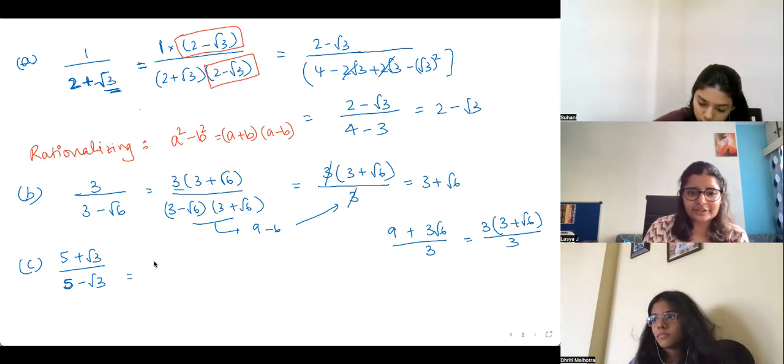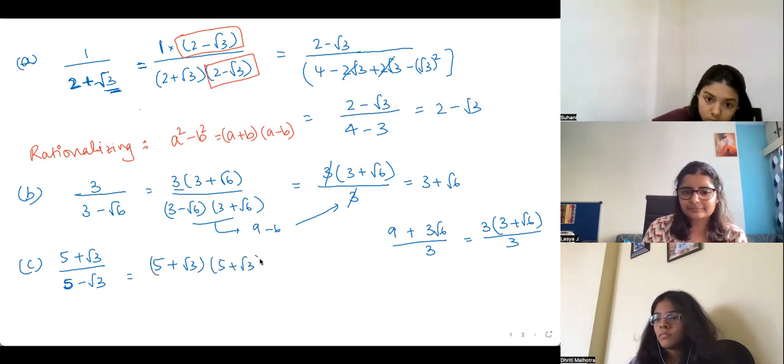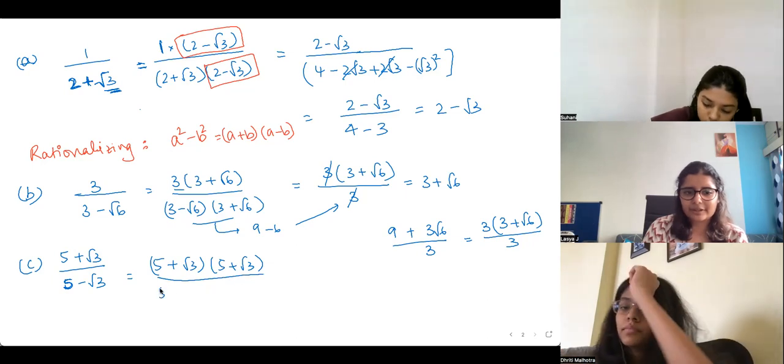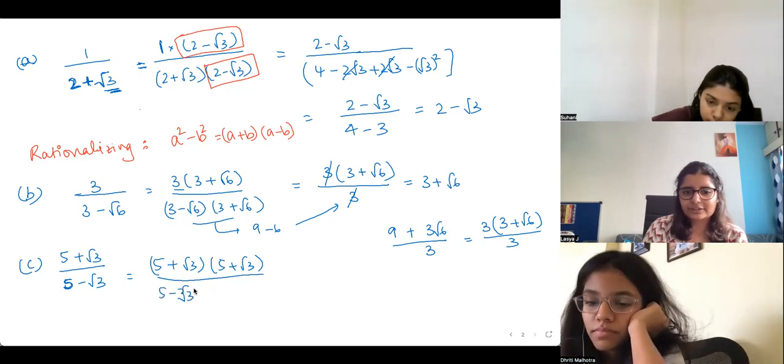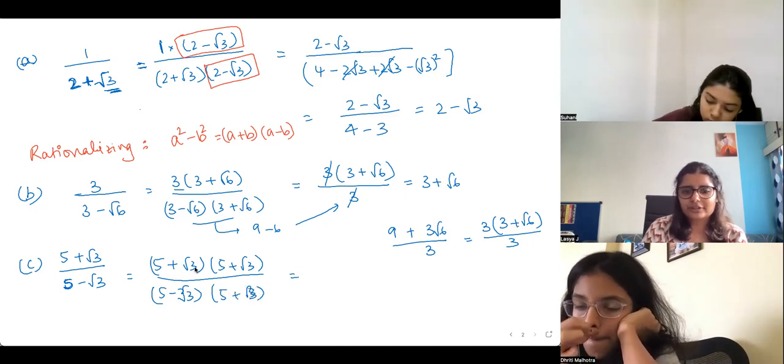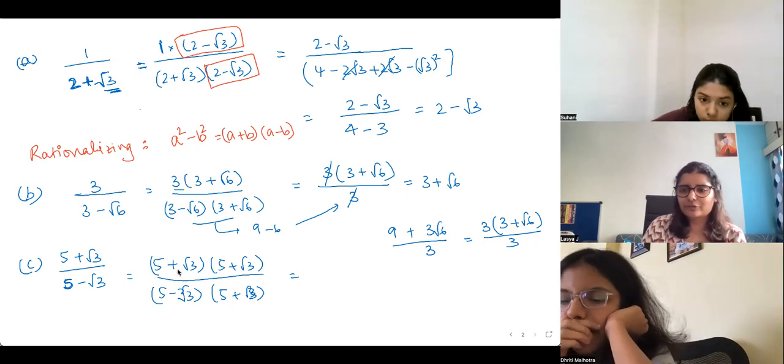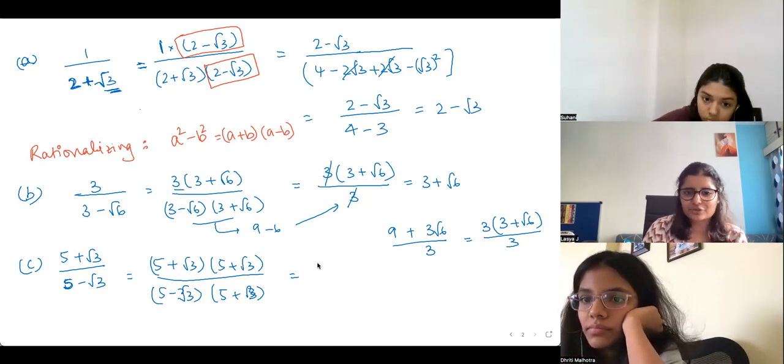So this started off well, it will be 5 plus root 3 multiplied by the same thing, divided by 5 minus root 3, 5 plus root 3. Here, both of you have done the next step also correctly.